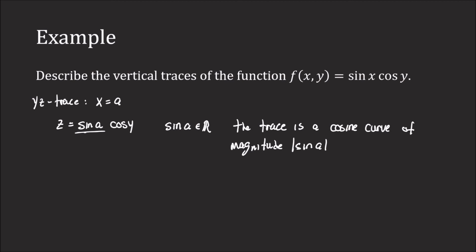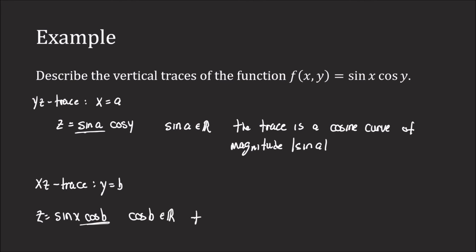So for the xz trace, we set y equal to b. Then we have z is equal to sine of x times cosine of b. But again, since b is a real number, this cosine of b is just a constant.